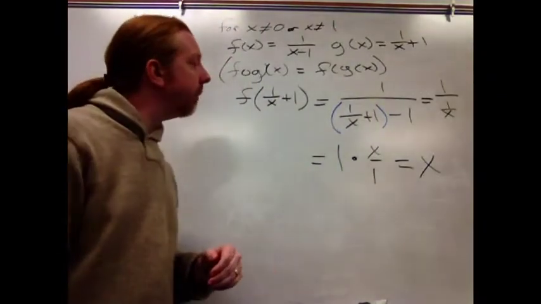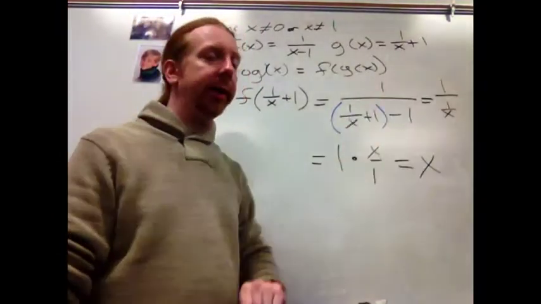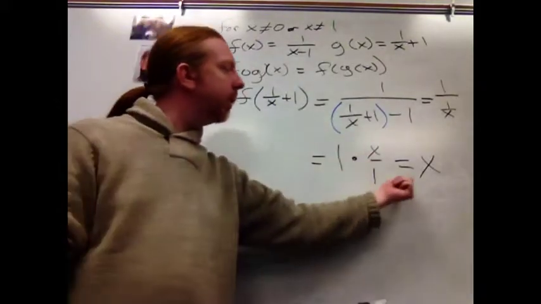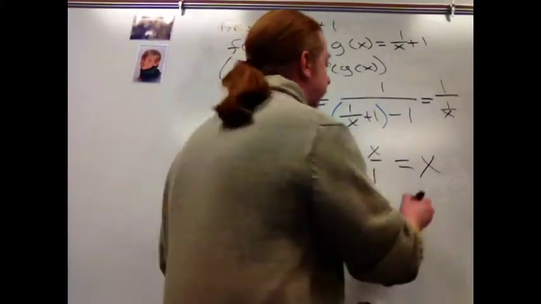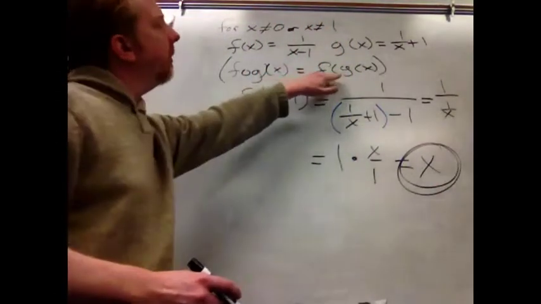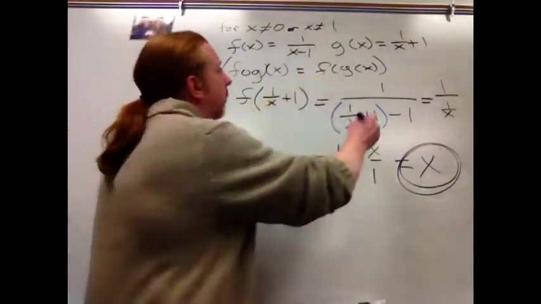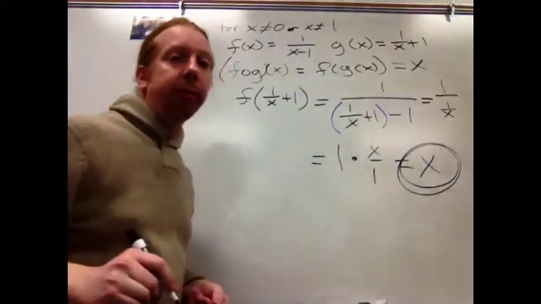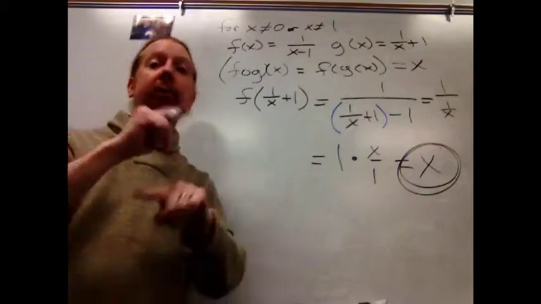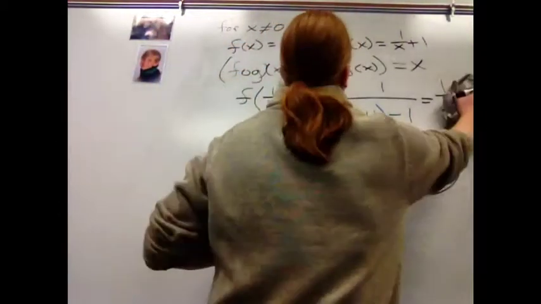Division means multiply by the reciprocal, so 1, my numerator, times the reciprocal of my denominator, x over 1, yields me a final answer of x. So that means, is f of g of x equal to x? I know that's true. I'm not done. I still need to verify that it works in reverse.